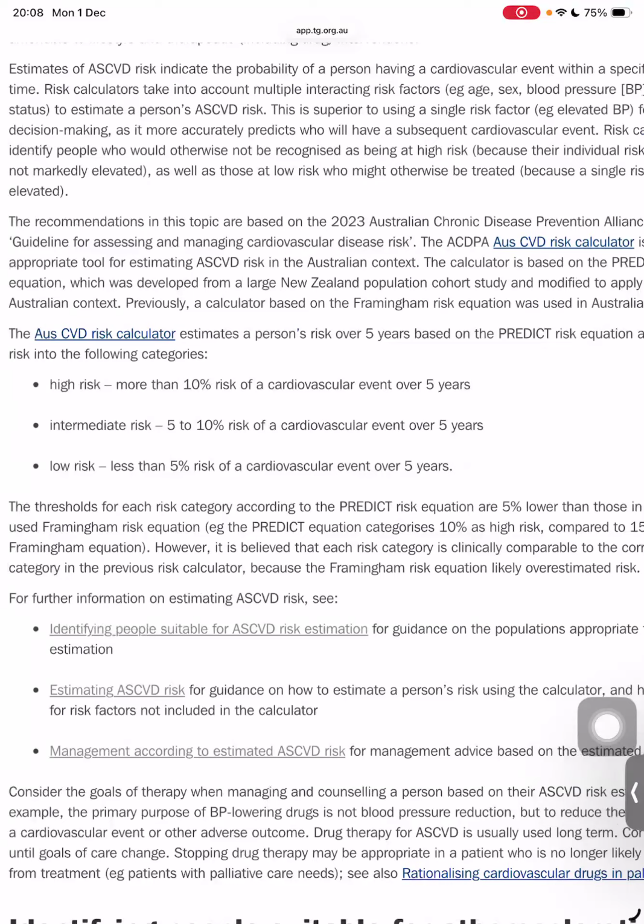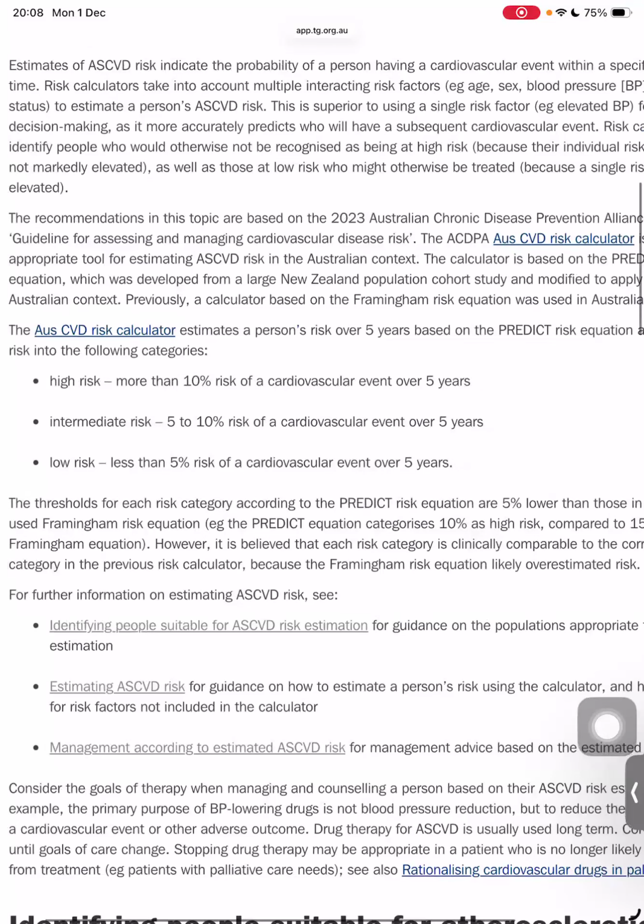High risk means more than 10% risk of a cardiovascular event over 5 years. That means the patient can have a cardiovascular event, some kind of cardiovascular disease, within 5 years, and the risk is more than 10%.